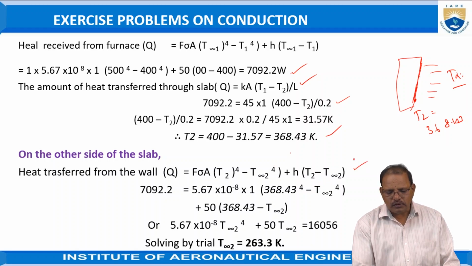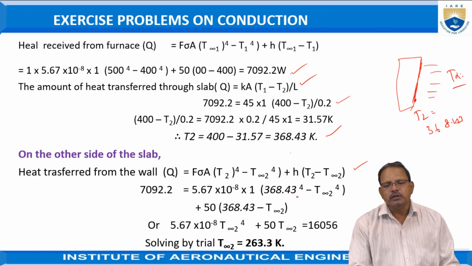On substituting this value, Q remains constant, 7092.2, which is equal to 5.67 into 10 to the power of minus 8 into 1, into 368.43, this is equal to T2, T alpha 2 we have to determine by using this equation to the power of 4, plus for convection process H is equal to 50 is given, 368.43 minus T alpha, this value again we have to measure.